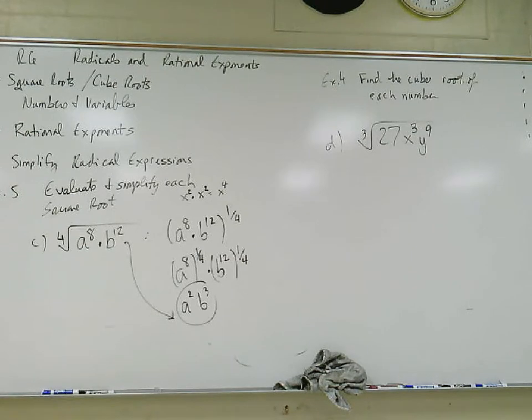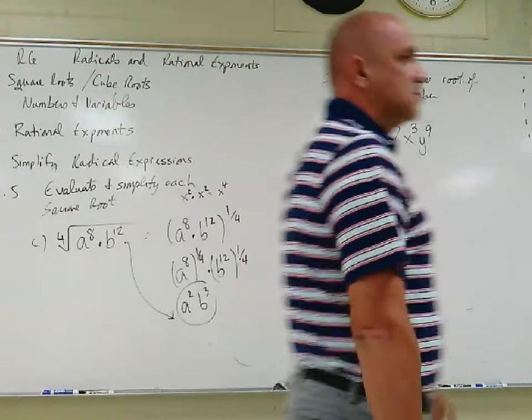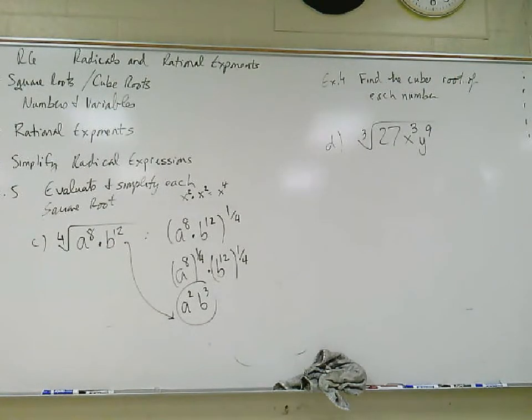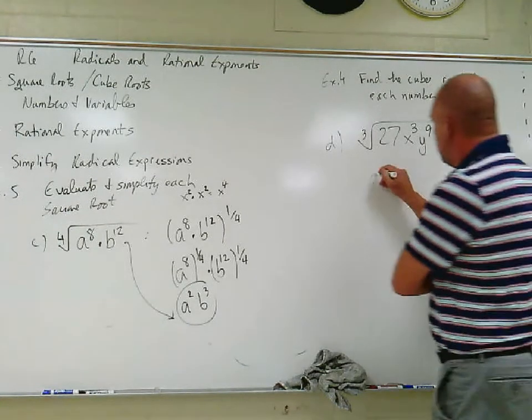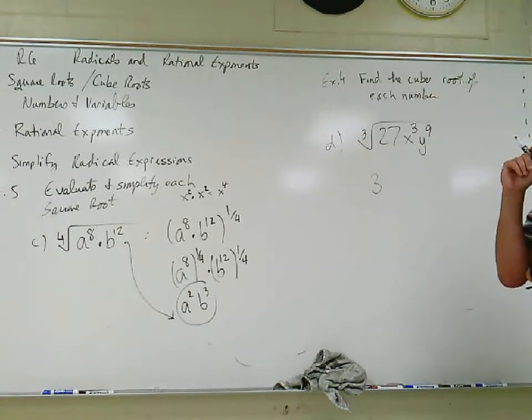All right, so let's go through this. Leah, what's the cube root of 27? 9. 9 times 9 times 9, does that give you 27? Oh, no, 3. You gotta be careful, you did division, not exponent, right? So it's 3. Cube root of x cubed.